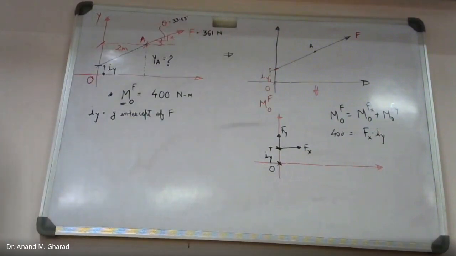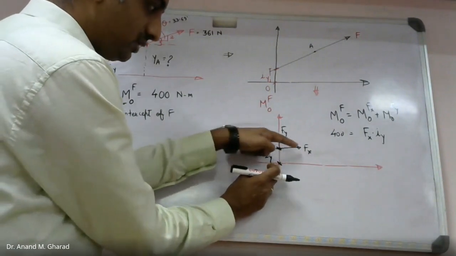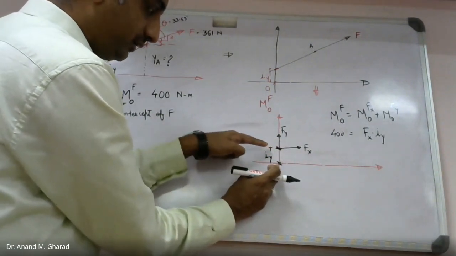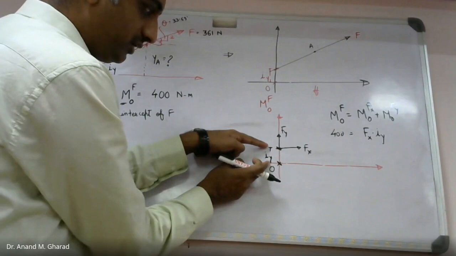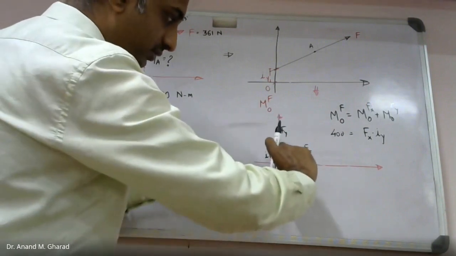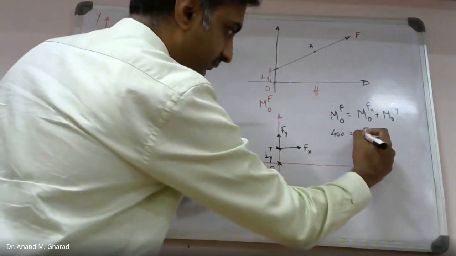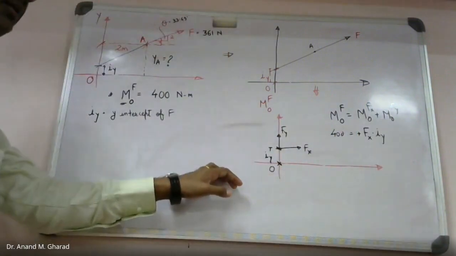Please check. Because you are taking moment about point O, and this is the associated force, and this is the associated perpendicular distance, correct? So that's why it is going to rotate about this point O in this manner, that is clockwise rotation. Am I right?